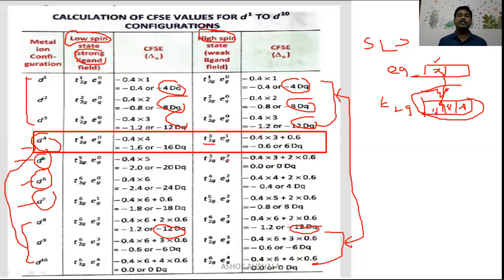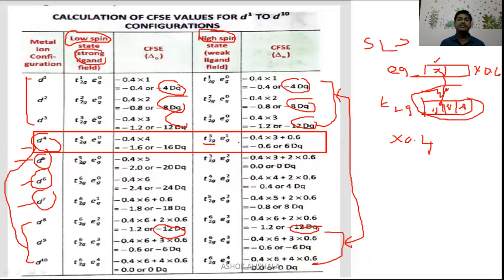Another important point: for t2g you multiply with 0.4, whereas for eg you multiply with 0.6. This is because it is a weak field ligand. In the question itself, it is given as high spin.